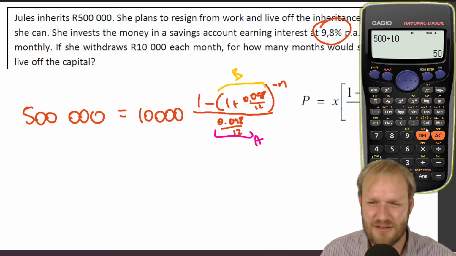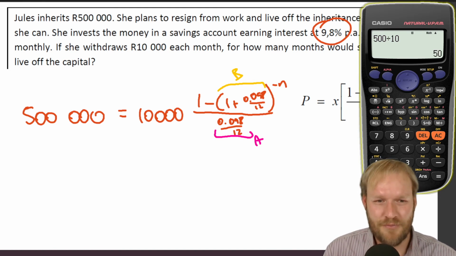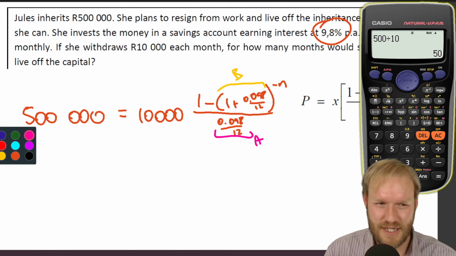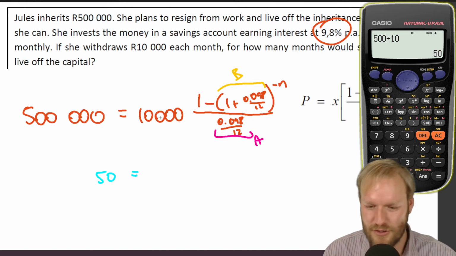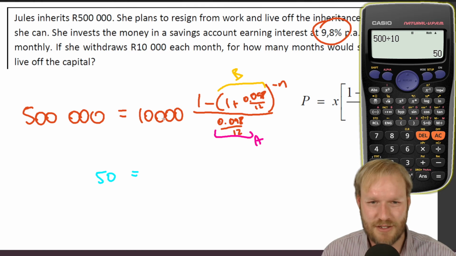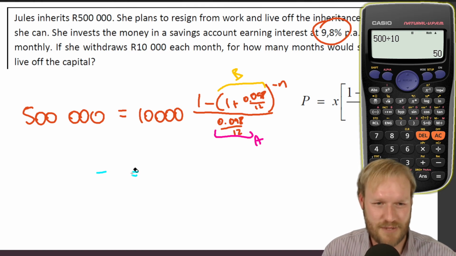I just skipped the thousands. Equals 50. Maybe you don't have to show every step, but I'm just going to show it to see where we're at.